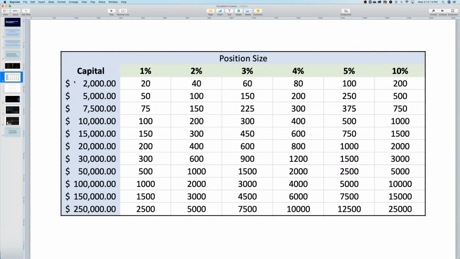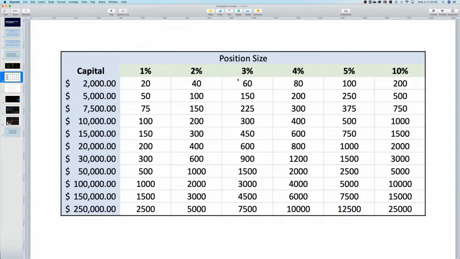If you make sure that each one of these trades is very small, and I use these capital account sizes as guides, you trade anywhere between 1% and 5%. 10% is maybe reserved for very specific types of trades, but we don't really go there that often.